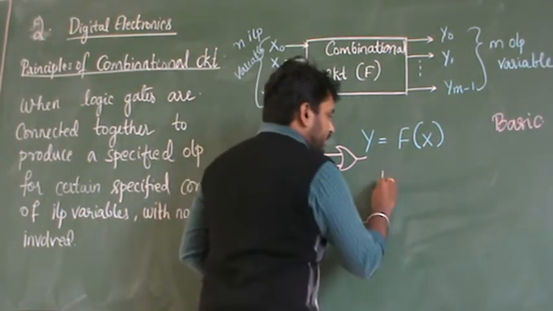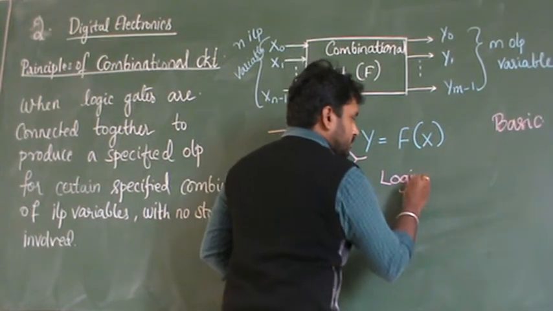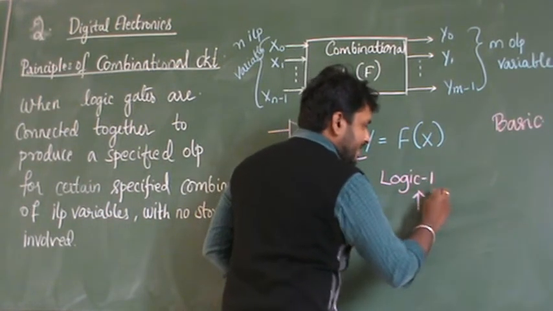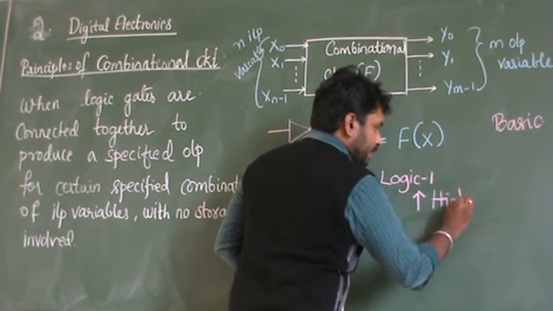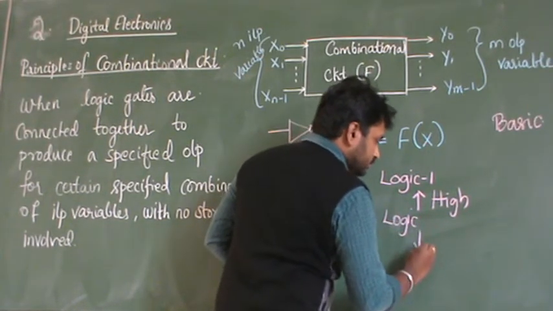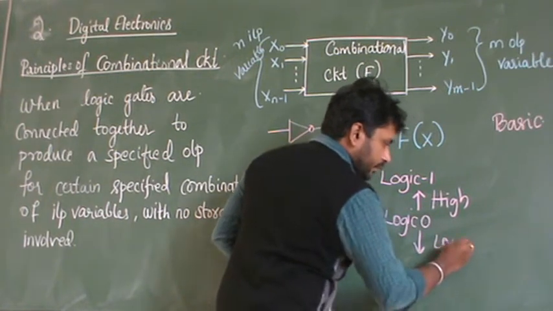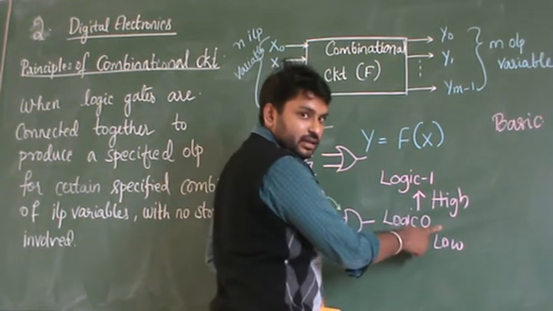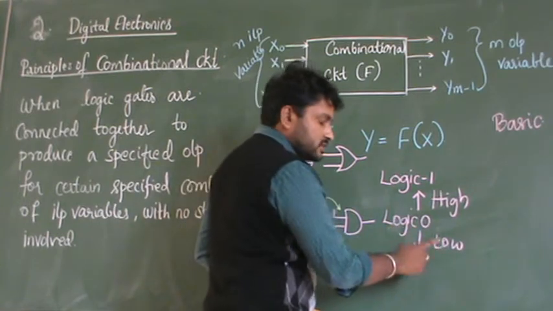Logic 1 is considered as high and logic 0 is considered as low.